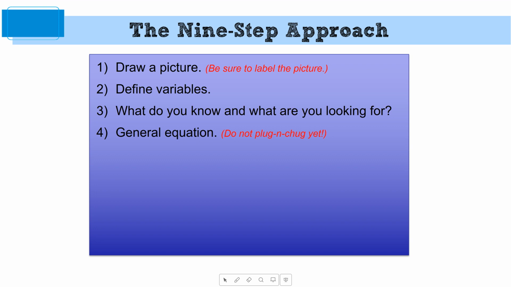But early on, you'll see it's really not that bad. The stuff in red is really important. Do not plug and chug yet. We'll do that later. And again, this will make more sense when we start working through some problems. Number 5, take the derivative. That's usually not too bad. The derivatives for related rates are nowhere near as nasty as some of the derivatives you've been doing already using implicit.